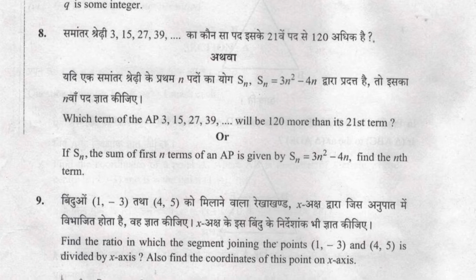In this 8th question again we have a choice, and it says if Sn, the sum of first n terms of an AP, is given by Sn is equal to 3n square minus 4n, find the nth term.